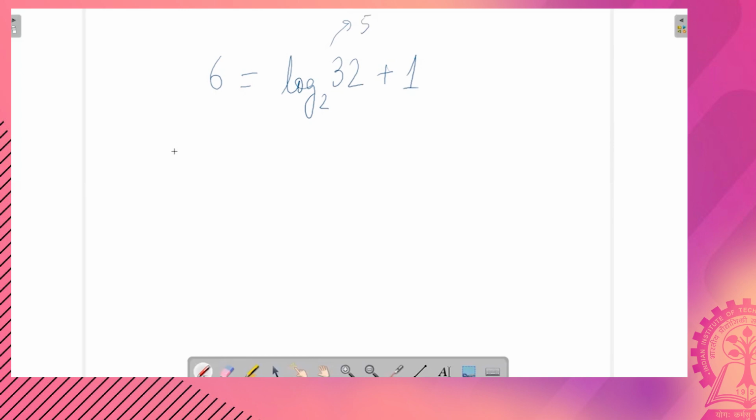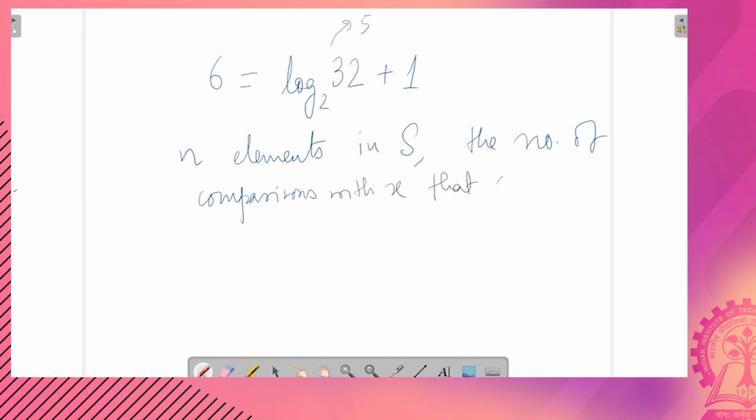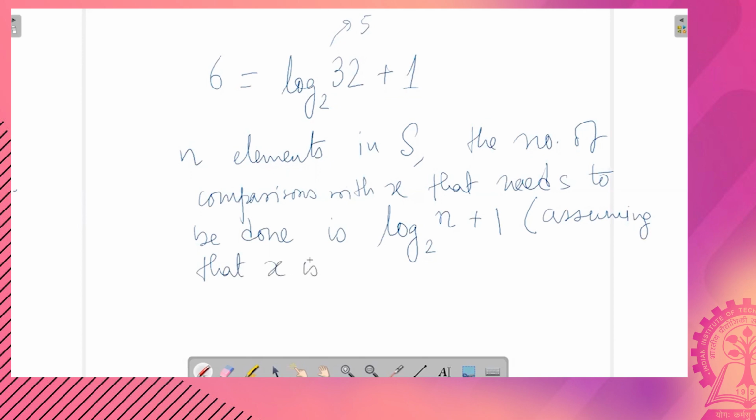So anytime you have n elements in S, the number of comparisons with X that needs to be done is log 2 n plus 1, assuming that X is not present in the array S.